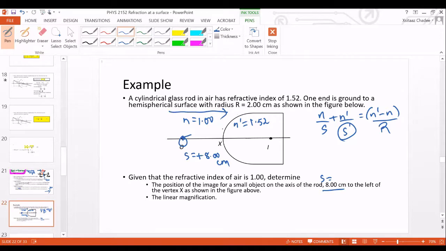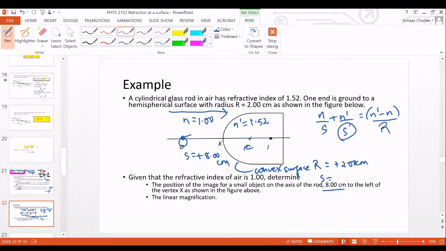So this surface bulges out, so this is a convex surface. Right, so I'm just going to put a note here, convex surface. So my r is going to be positive because the center of curvature is to the right. So this might be my center of curvature to the right. So my r is going to be equal to positive 2.00 cm.